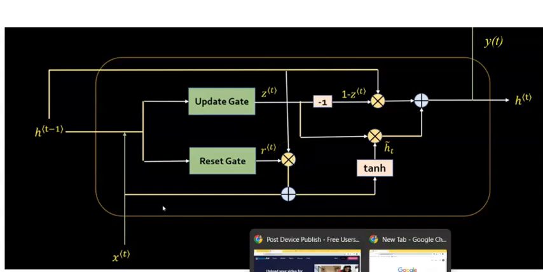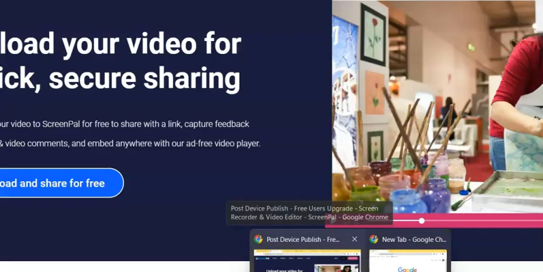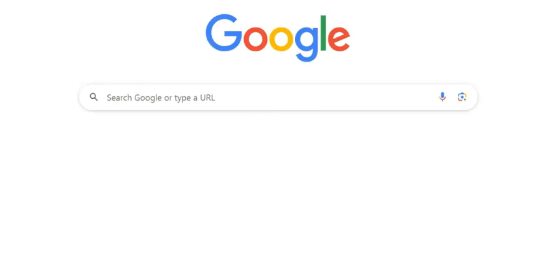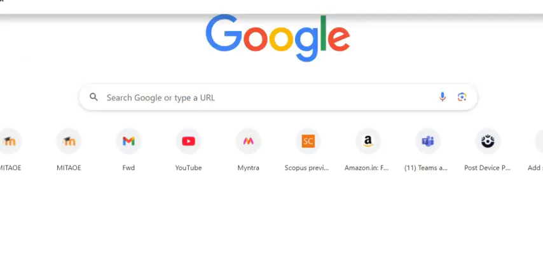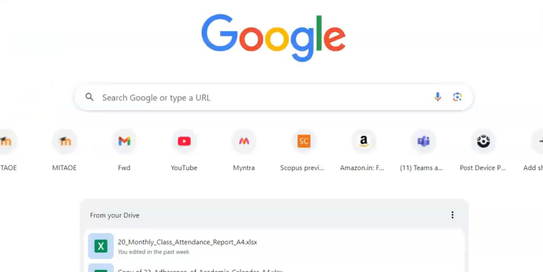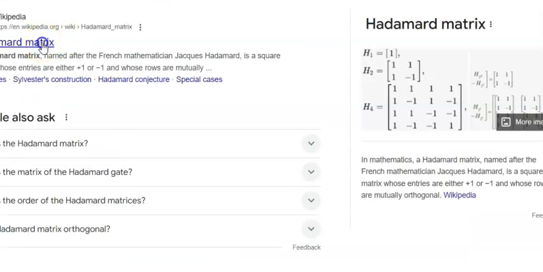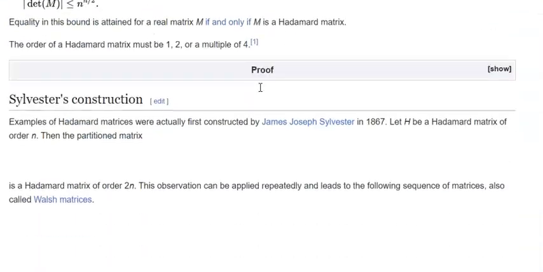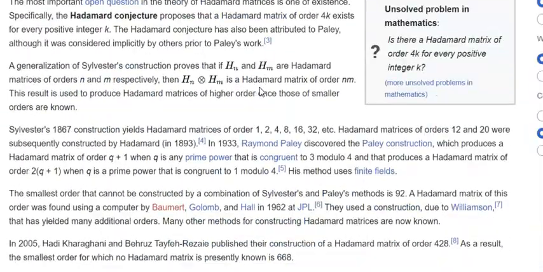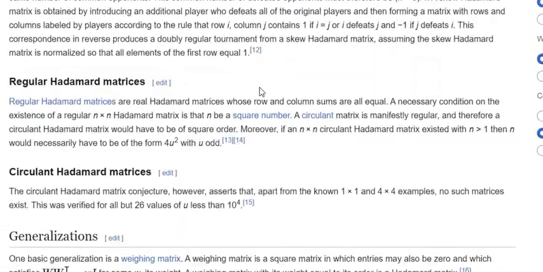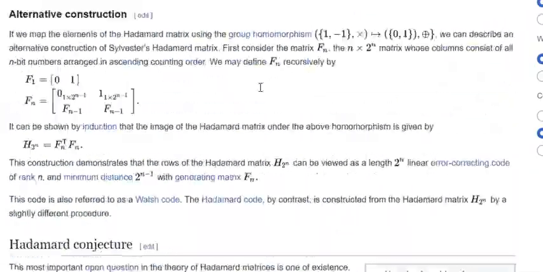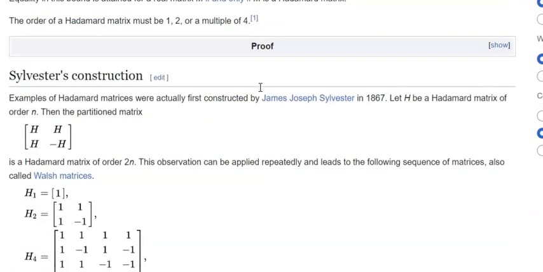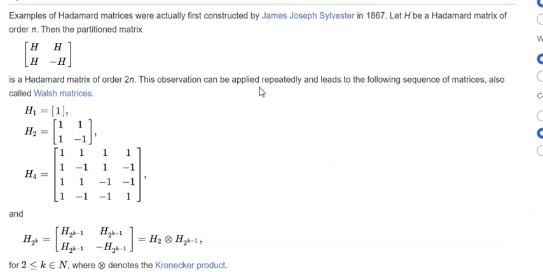What is a Hadamard matrix? It's nothing but element wise multiplication.